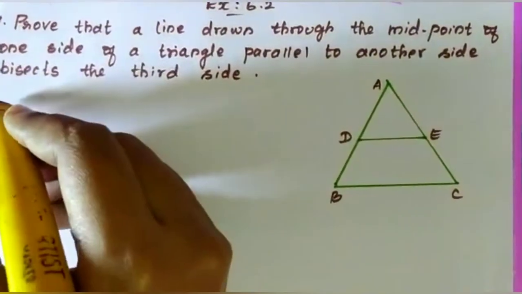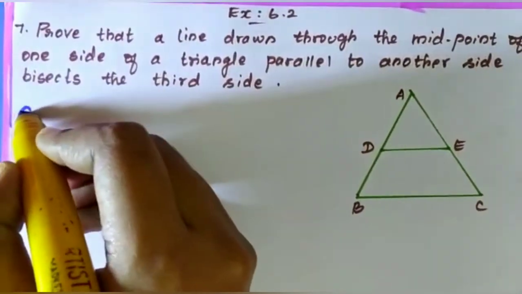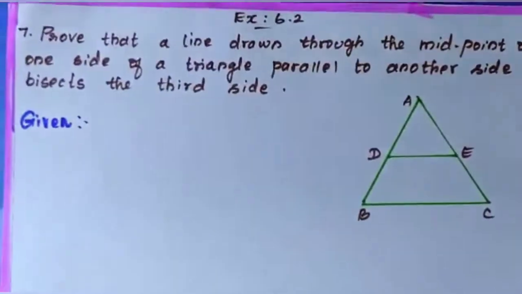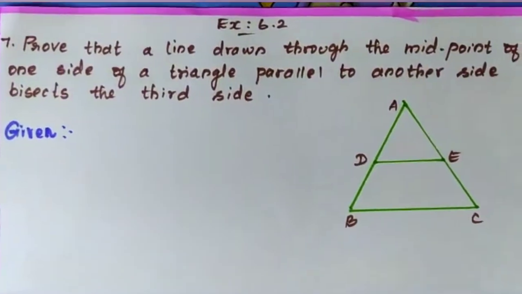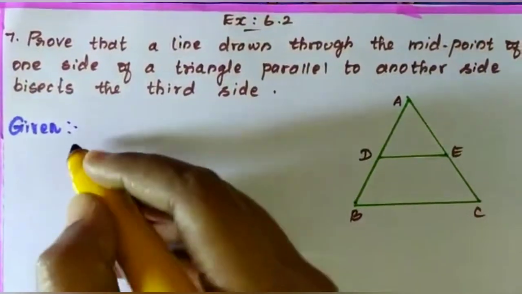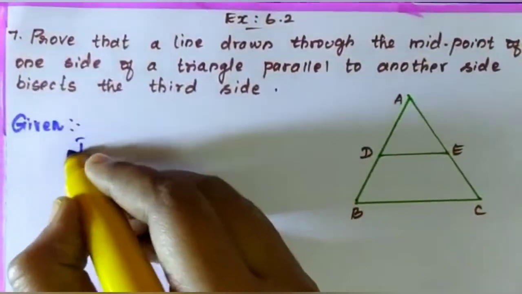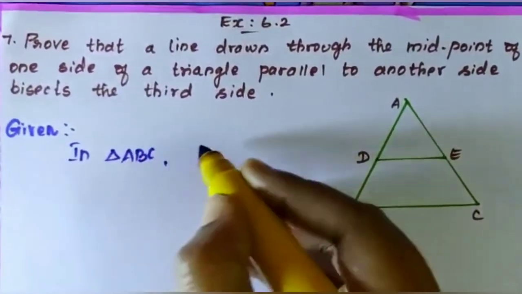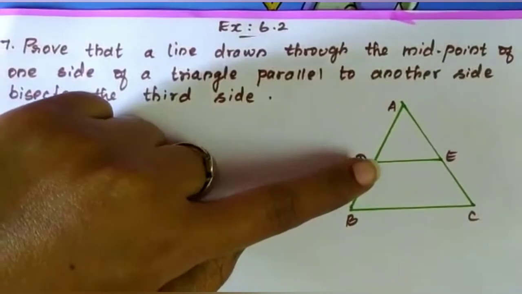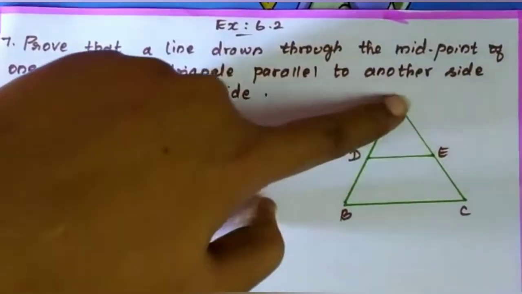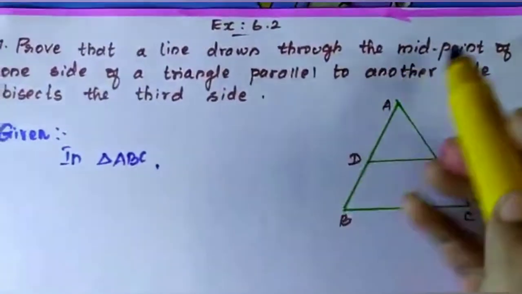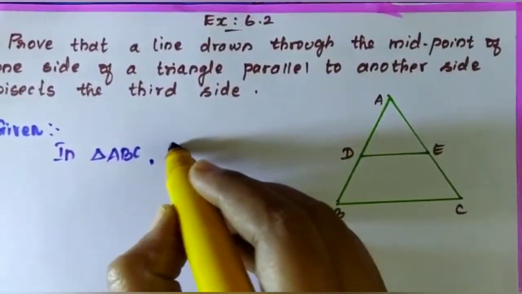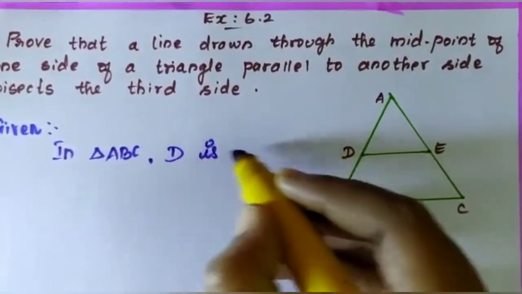So first, what do we have to write? Given. In triangle ABC, D is the midpoint of AB, that is, the midpoint of one side of the triangle.